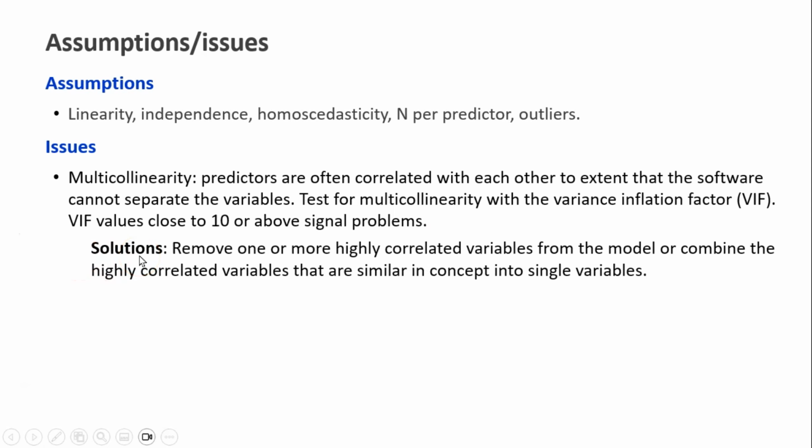So here are a couple of solutions. One thing you could do would be to simply remove the variables that are highly correlated. The other thing you could do would be to combine the highly correlated variables that are similar in concept into single variables. So let's say, for example, you have 4 variables and you discover that variables 1 and 2 are highly correlated with each other, but they also measure something very similar.